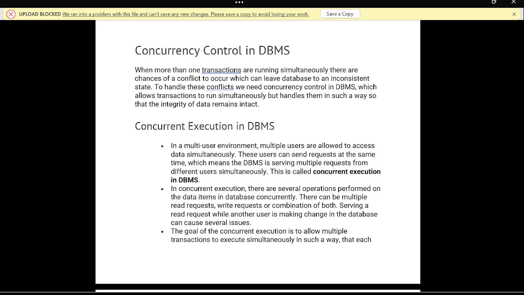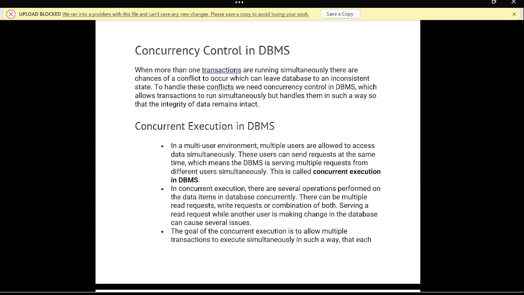So what are concurrent executions in a database? Let's see. The first point is a multi-user environment. The example I just gave you is a multi-user environment. A joint account is nothing but two authorized people who can withdraw cash and also credit cash. Such kinds of executions of transactions are called concurrent execution.